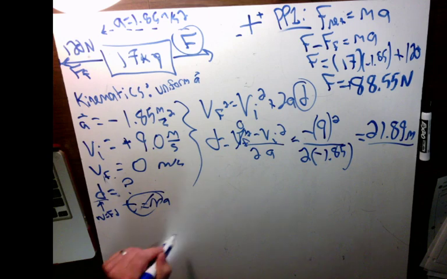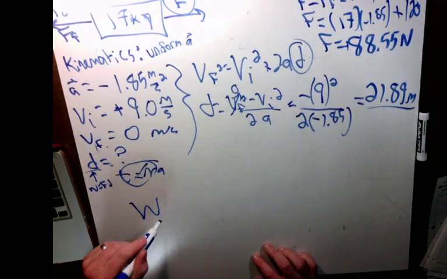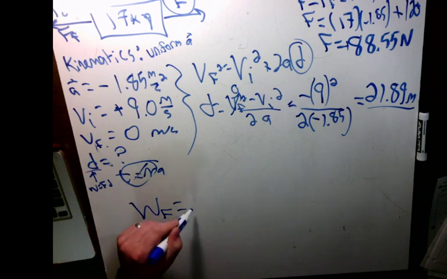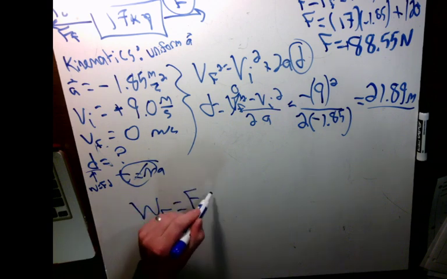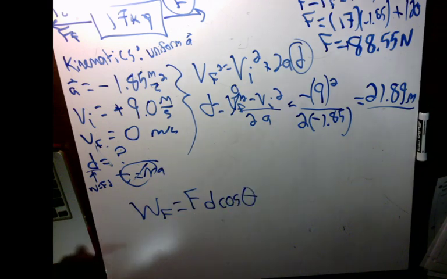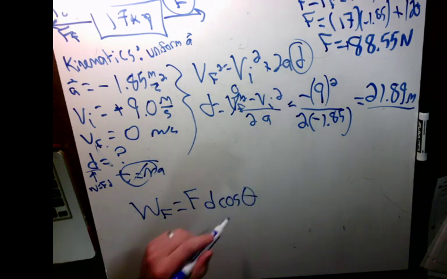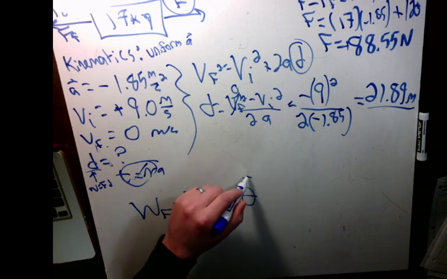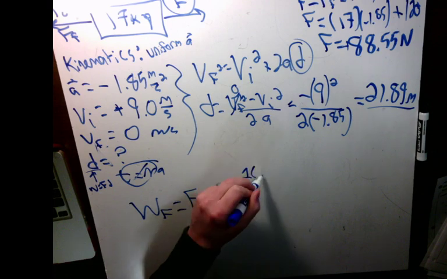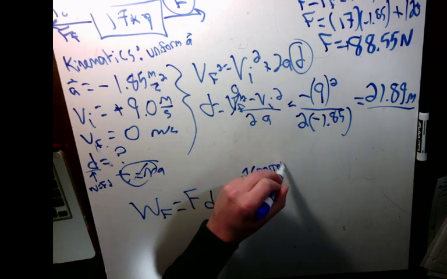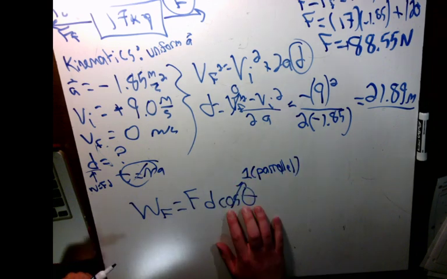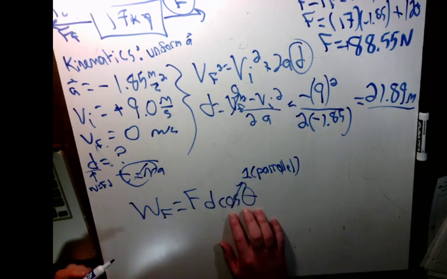So the work done by F is equal to our force F times our displacement times the cosine of the angle between them, which in this case is 0 degrees, right? They're parallel. So whenever we're working with parallel forces, we can remove our cosine of theta.